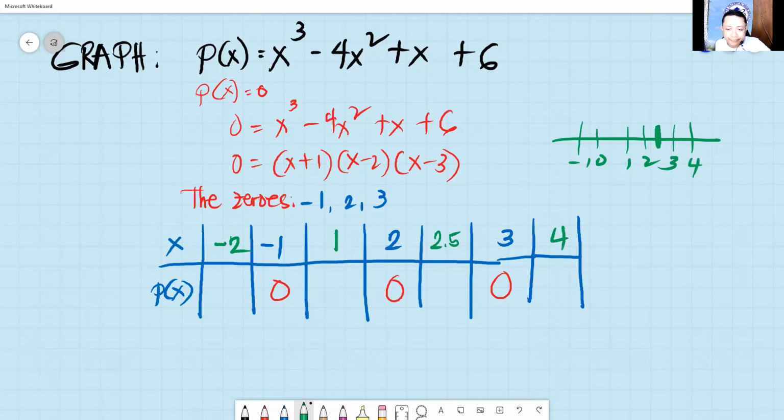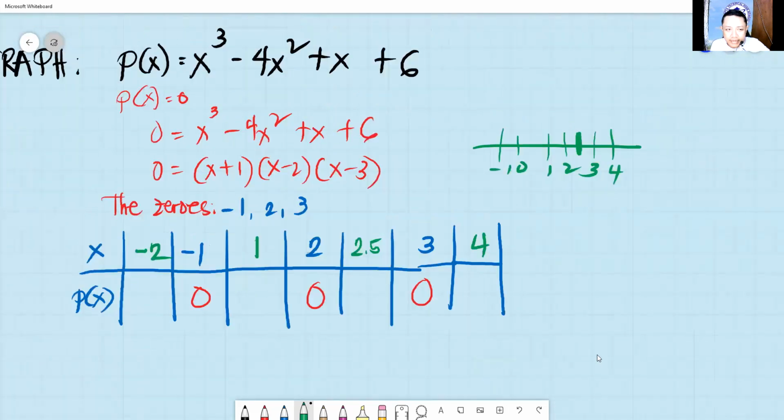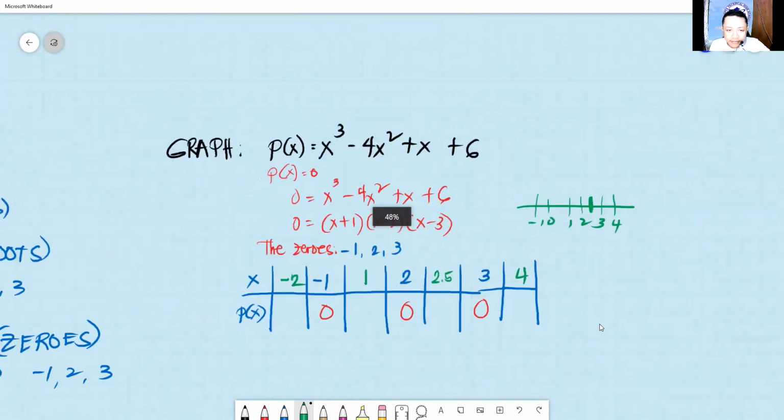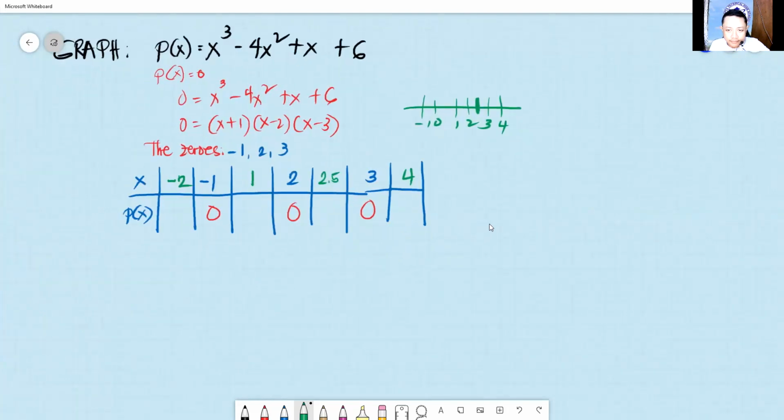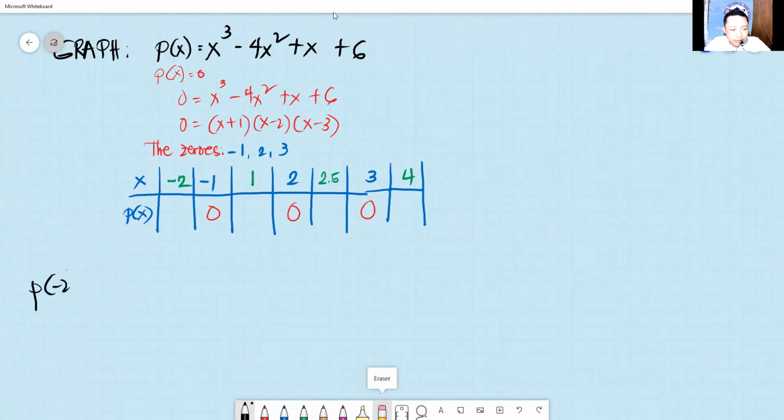That's it. And then the next thing to do is to substitute all these values in our given function. Ready? Everybody, I hope you're still with me. We are about to finish. This is already the last part. So we will have here p of negative 2, using our original given, is equal to, ready?